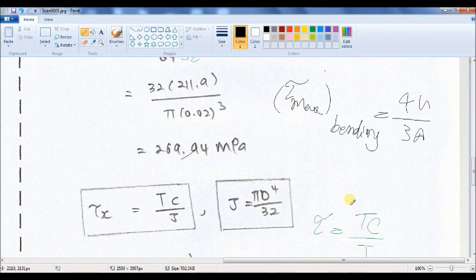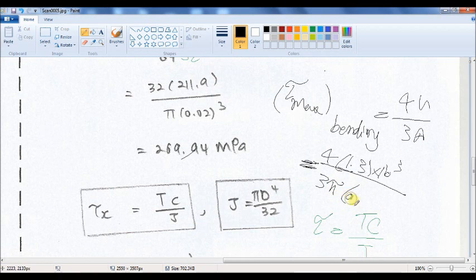Again, 4 times 1.3, because it's kilonewton, over 3 times the cross section area of the circle, pi r squared, or we can write it this way, pi times 0.02 squared over 4.